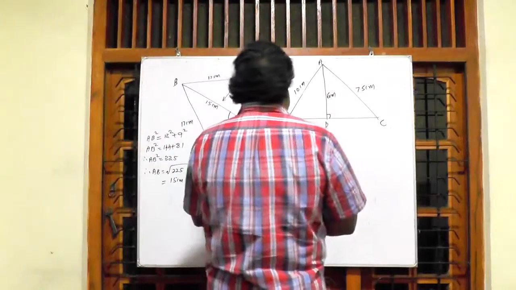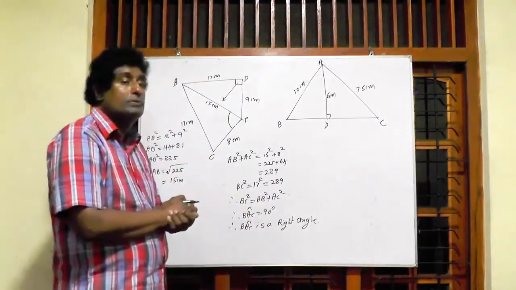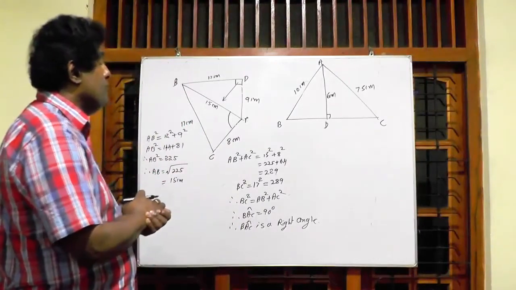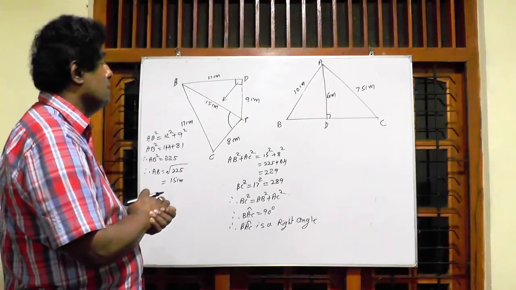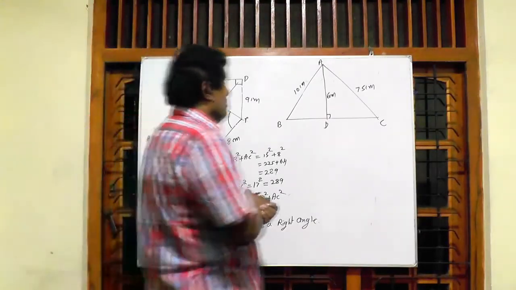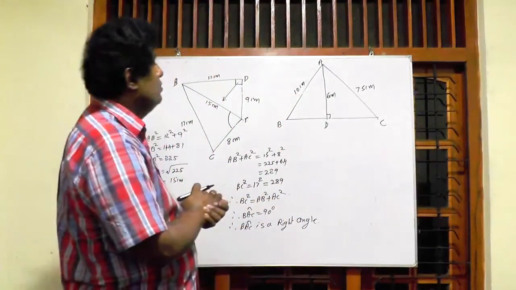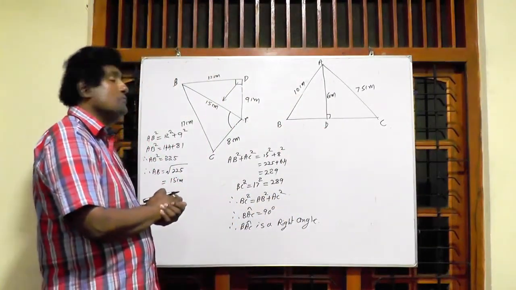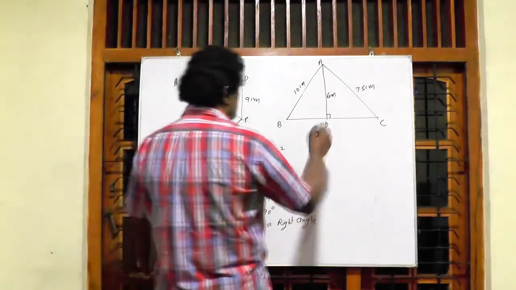Then by using the Pythagoras theorem to the triangle ABD, we can get the value for BD. We can find the length of BD. By using the right angle triangle ACD, we can find the length of CD. Right. Now I am going to do it.